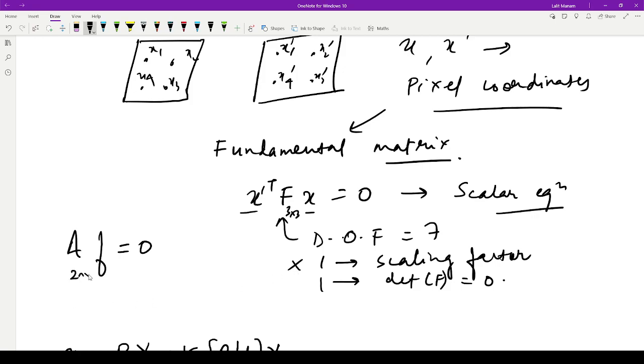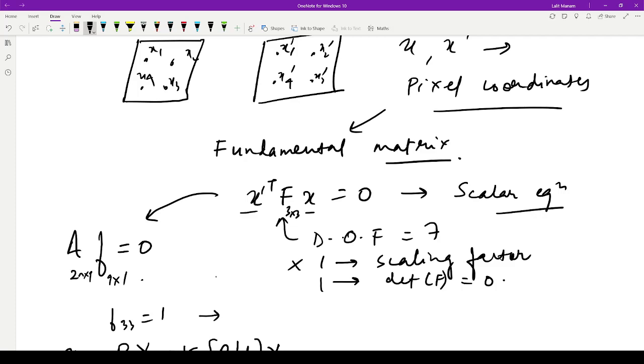So we need 2n cross 9 into 9 cross 1, if you just directly convert this into this matrix. So when you fix the last one at 1, that means f33 is 1, then you can convert it into homogeneous coordinates. So you need only 8 parameters to be estimated. So that's when you get 8 points.